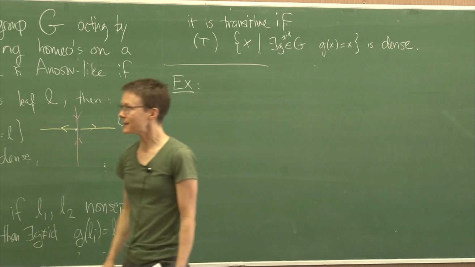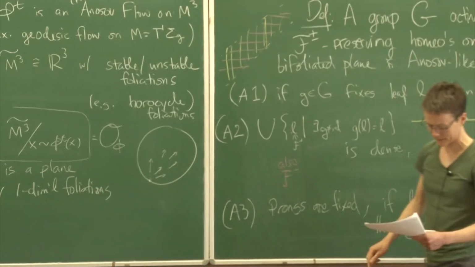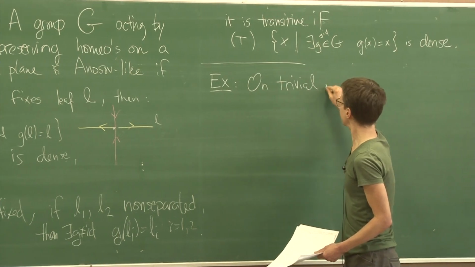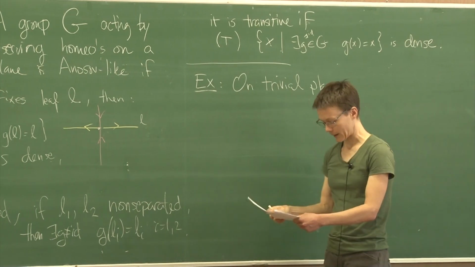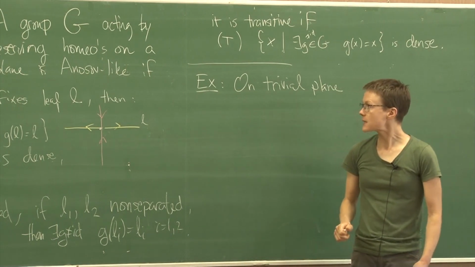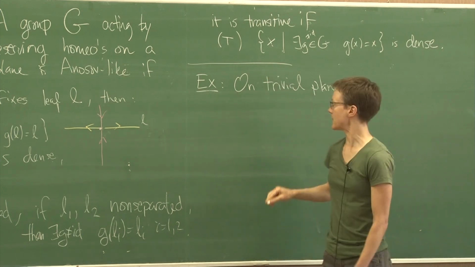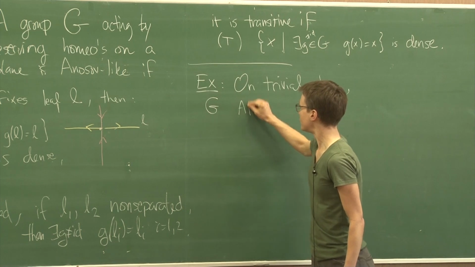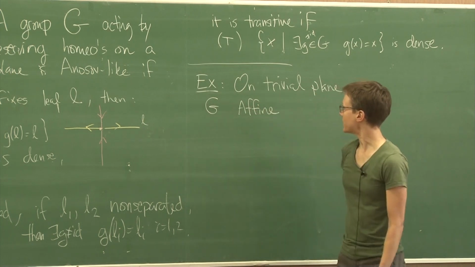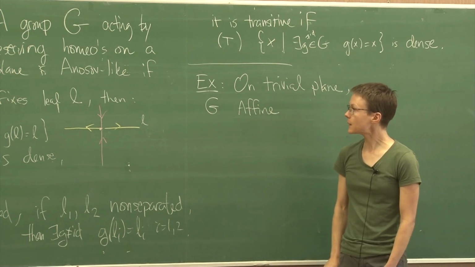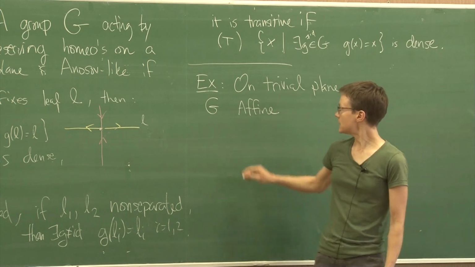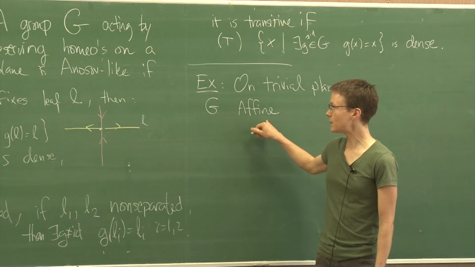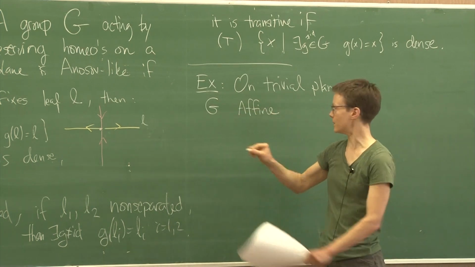Let's start with the easiest ones. If I take the trivial plane, so just the product foliation, I could take an action of a group of affine transformations. But I need to be a little bit careful. The linear part of these affine transformations needs to preserve this horizontal-vertical foliation.